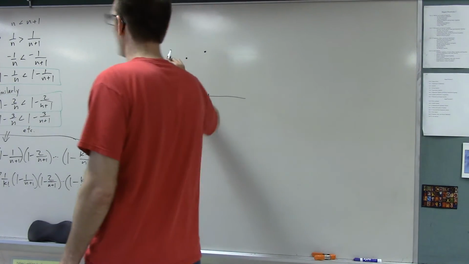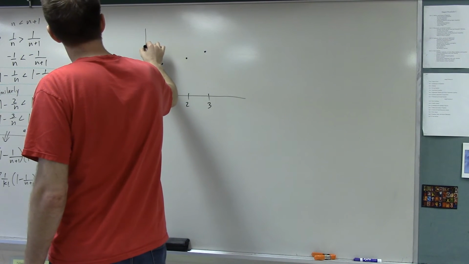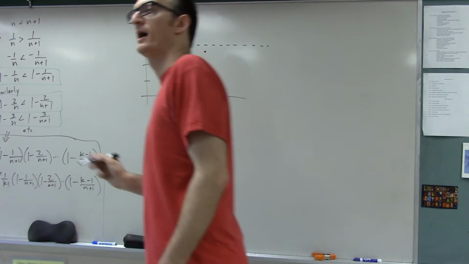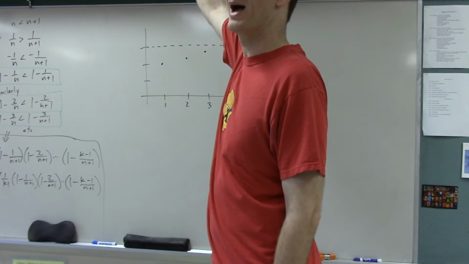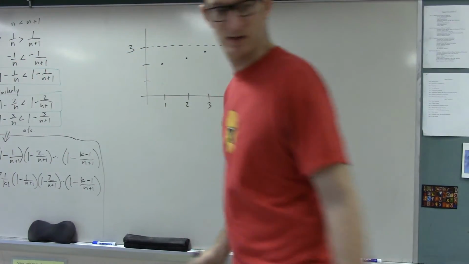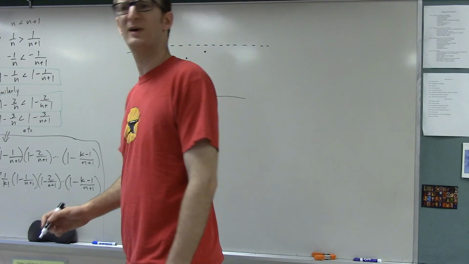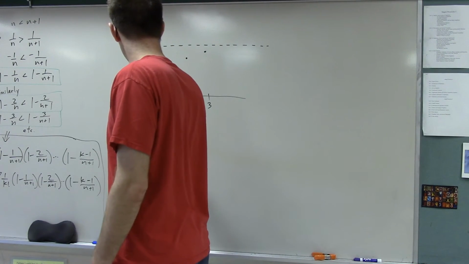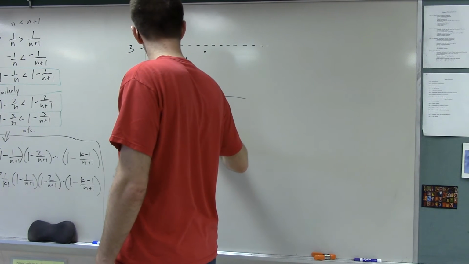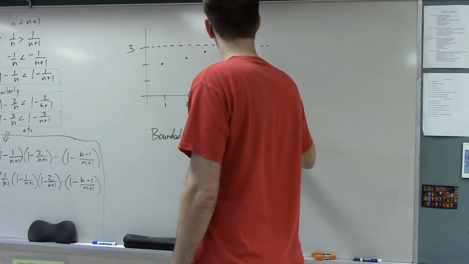Okay, a theorem from calculus. If you can show that all the terms in the sequence are below a certain upper bound, like, I don't know, 3, then it is a theorem, I think it's called the bounded monotonic convergence theorem.